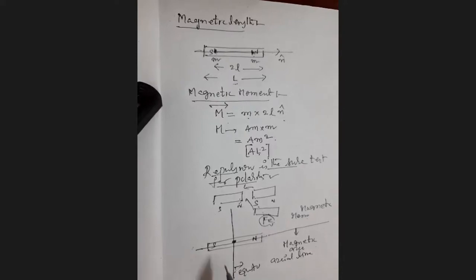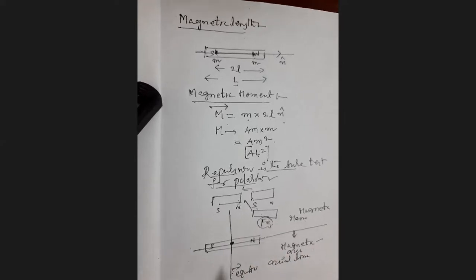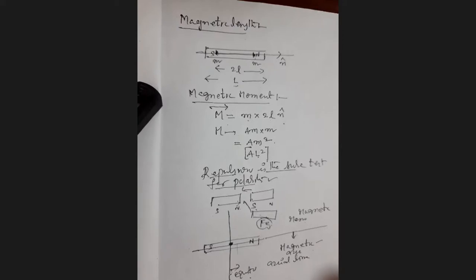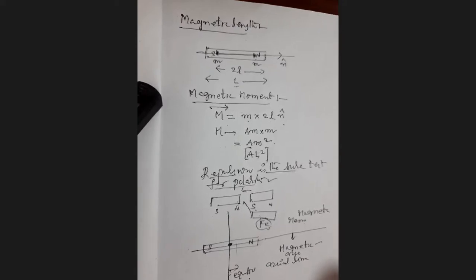The line joining the magnetic poles passing through the center is called magnetic axis. The perpendicular bisector line to the magnetic axis is called magnetic equator or magnetic equatorial line.